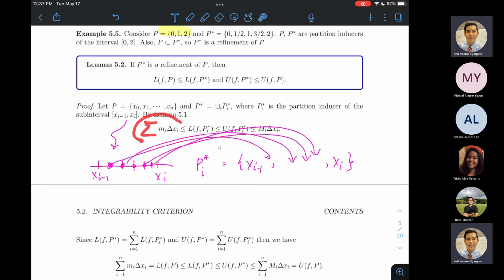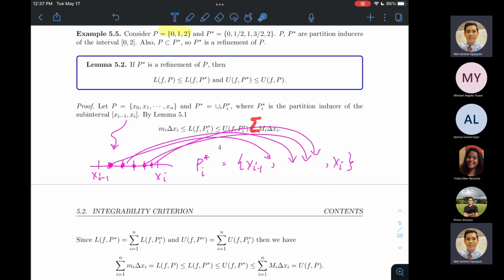Tapos, saan equal to? Yung summation ng m sub I delta X sub I. Ito ay equal lamang sa lower Riemann sum ni F relative kay P. Kasi yung mga m sub I, sila yung mga infima doon sa mga subintervals induced by the partition P. Ganon din ito.